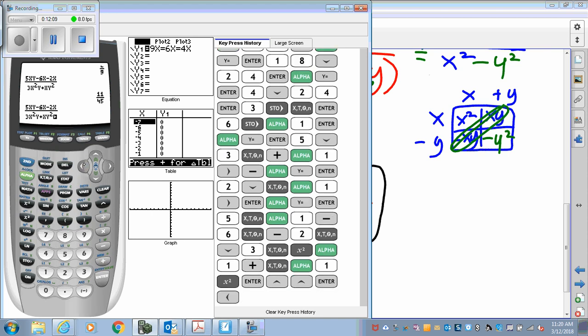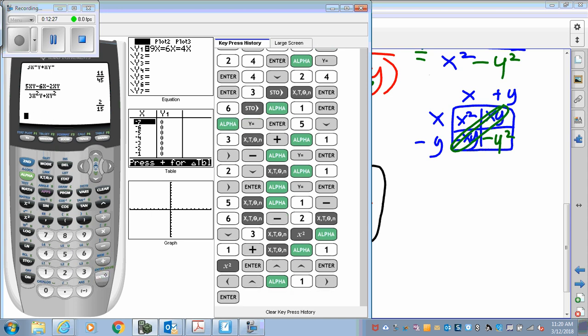I want that to be 2y. So you try not to get too frustrated because this is a lot of typing. It's very tedious. But we want to make sure we get the right answer. Okay, and now I've got 2/15.